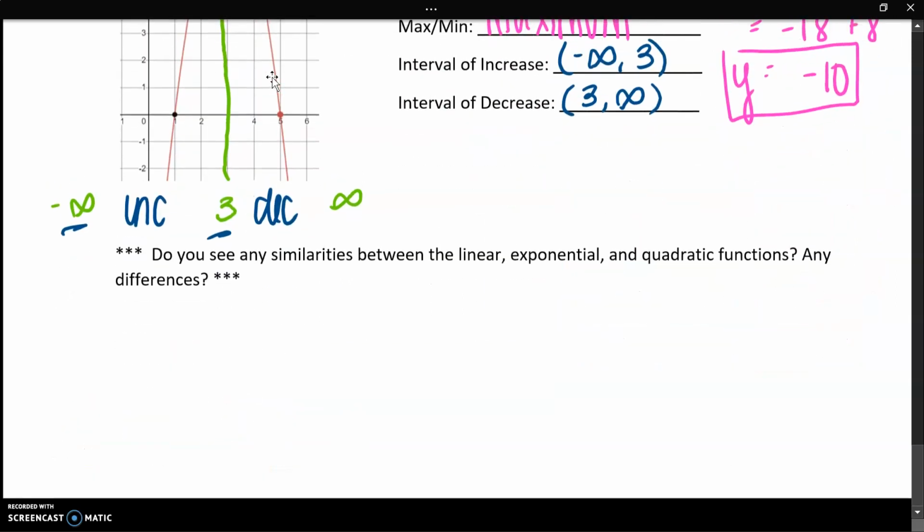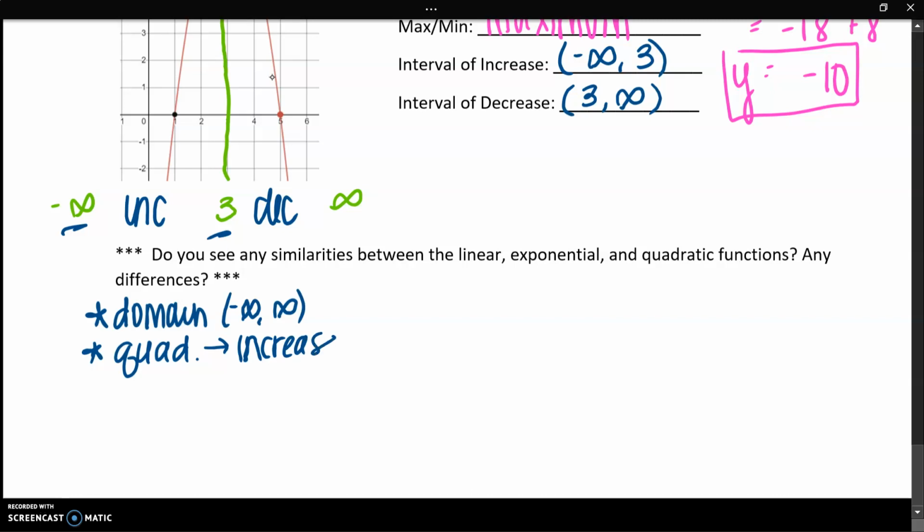Finally, we want to see if we see any similarities between the linear, exponential, and quadratic functions, or if we see any differences. So we notice that through all of this, our domain remained the same. Our domain is -infinity to infinity. Quadratic functions increase and decrease on the same graph.